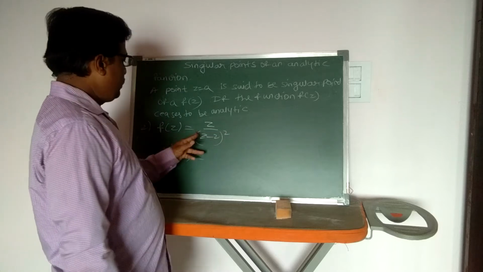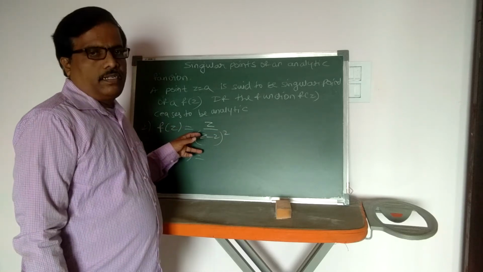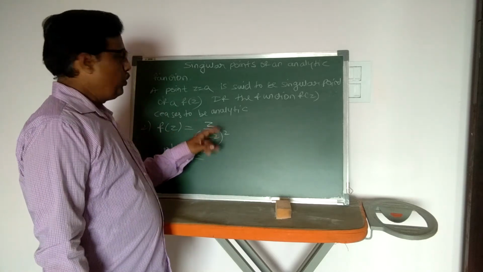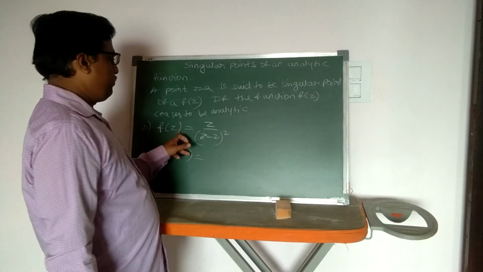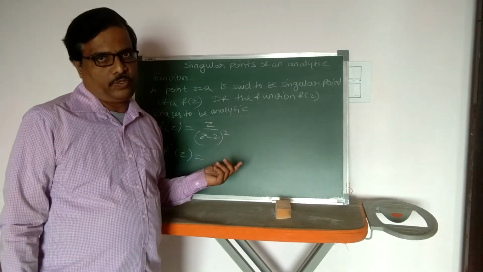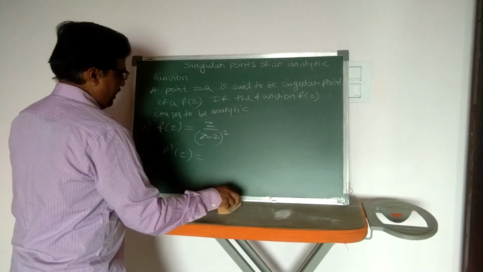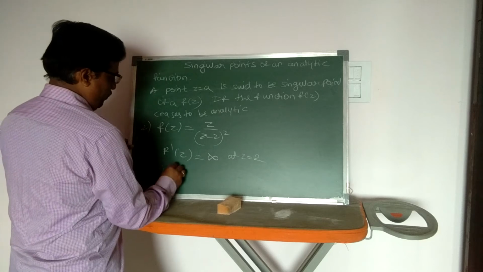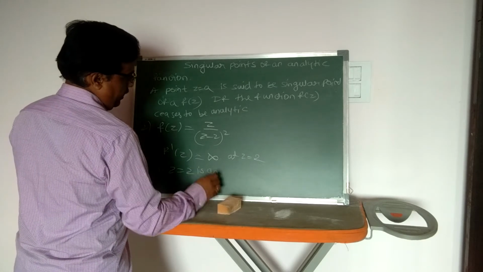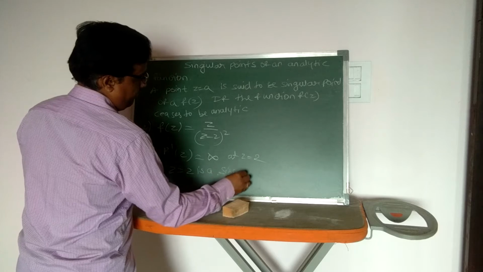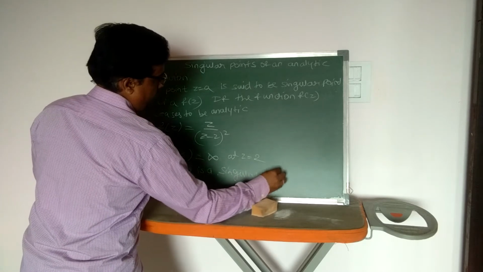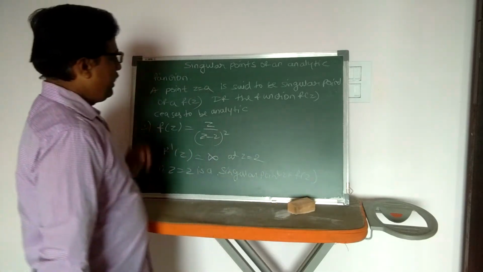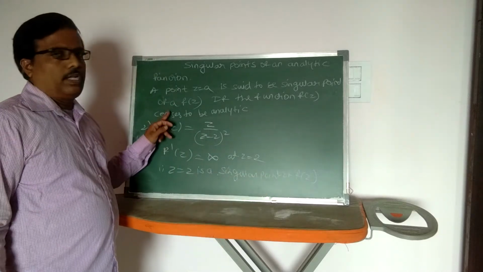So at z equal to 2, the derivative of the function does not exist. Similarly here, f dash of z is infinity at z equal to 2. Therefore z equal to 2 is a singular point of z by z minus 2 whole square. Okay, so this is about a singular point.